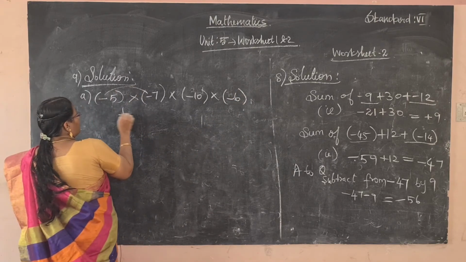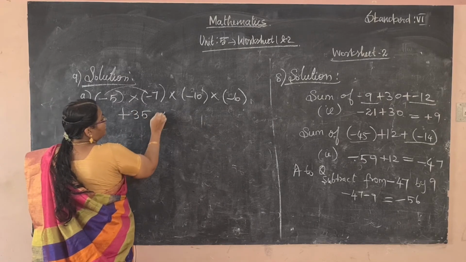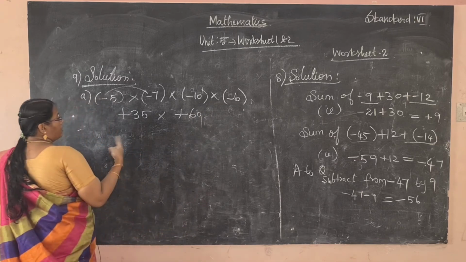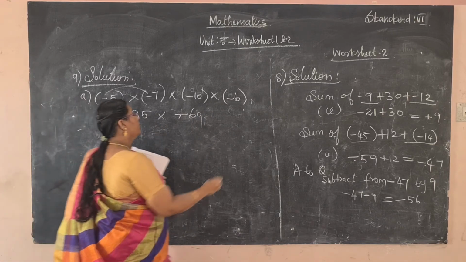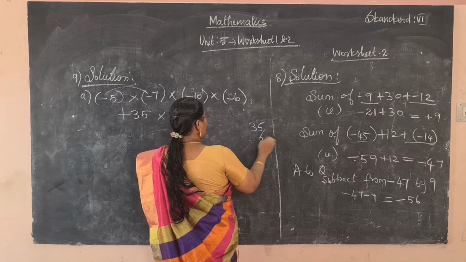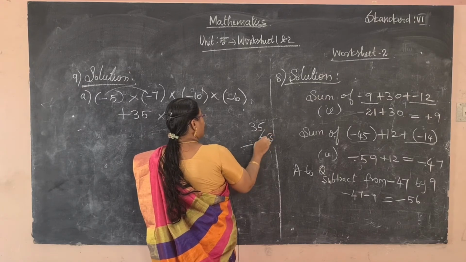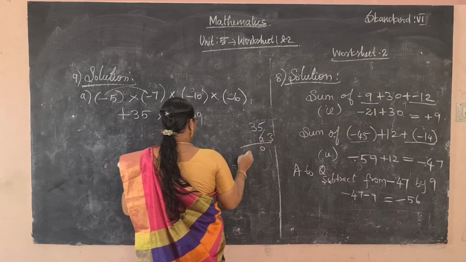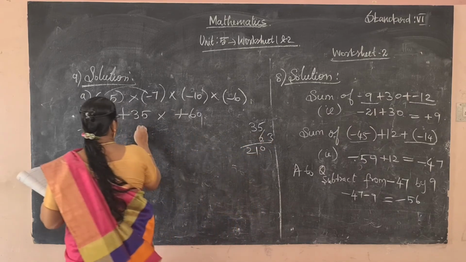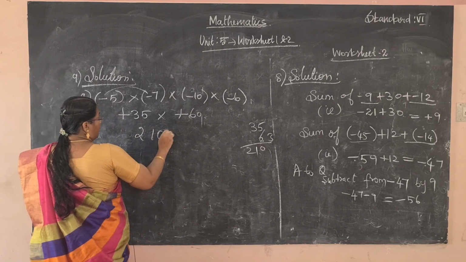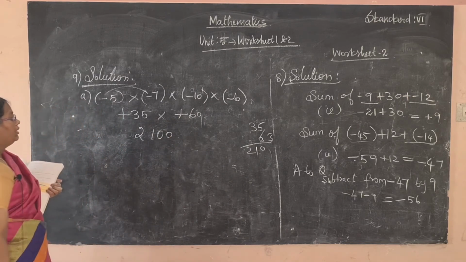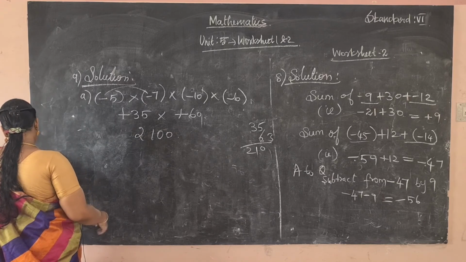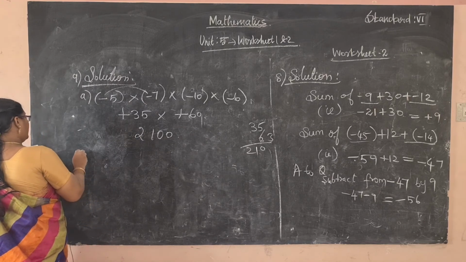Minus into minus is plus, 35, into minus into minus is plus, 10 into 6 is 60. Multiply these two values: 35 into 60. 6 fives are 30, 6 threes are 18, 18 plus 3, 21. Right, the answer is 2100. So B is homework. And now move to the 10th problem.